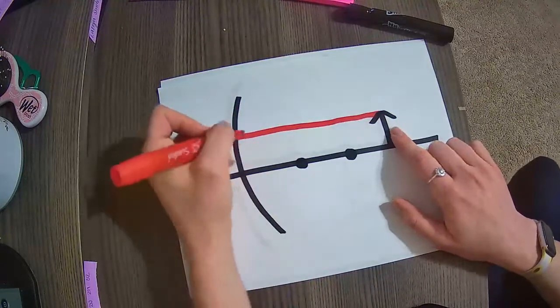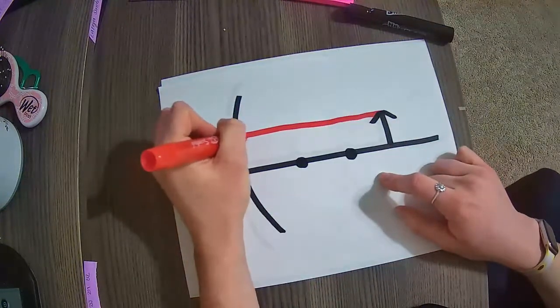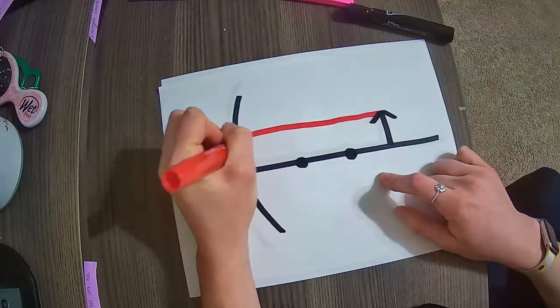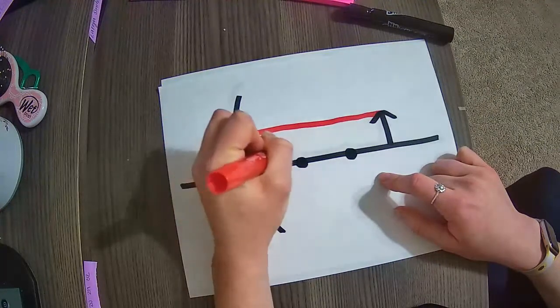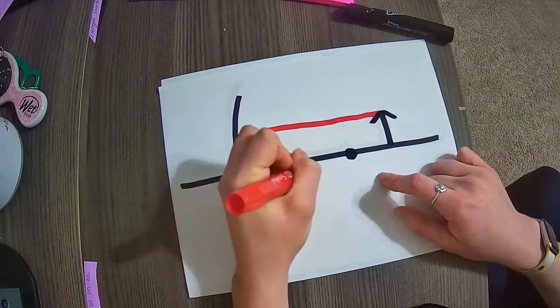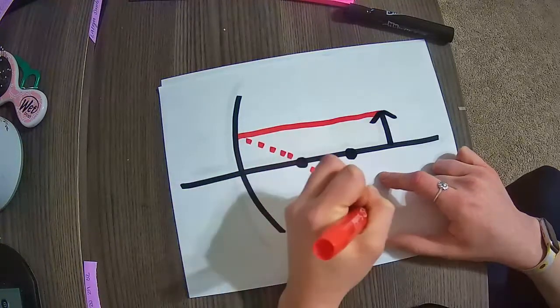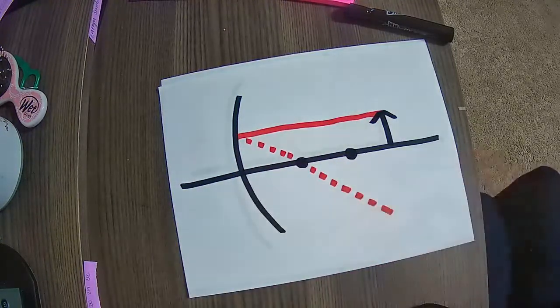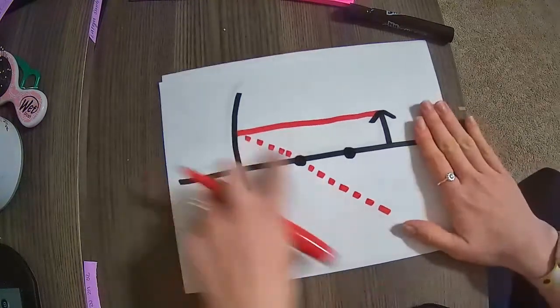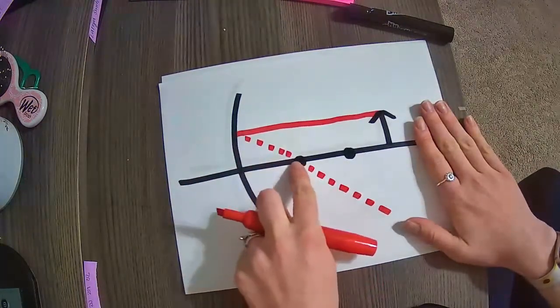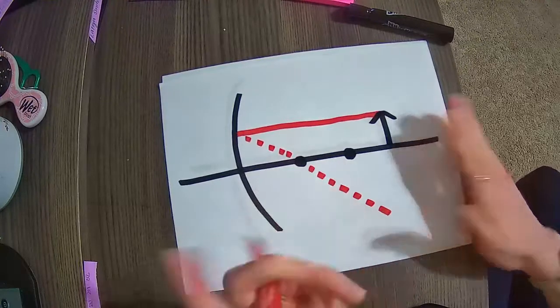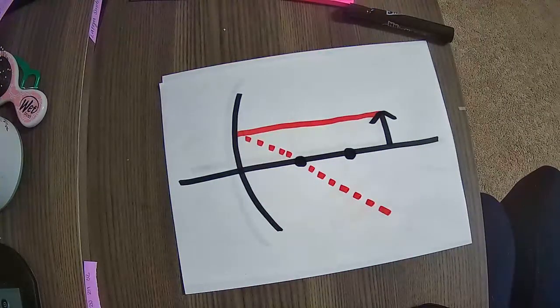Okay, and then we are going to reflect that line back in a dotted line. It's best if you use a straight edge of some sort to make this happen. Otherwise, you're just kind of eyeballing your angles here. And you're going to go through the focus because all light is going to pass through that focus.